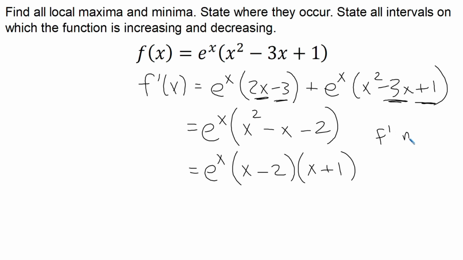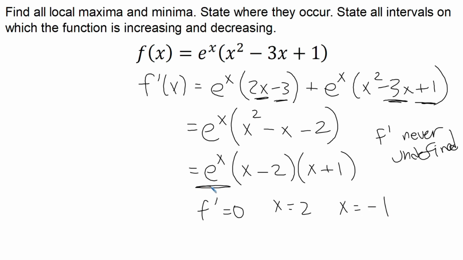Right? So f prime is never undefined, but it does equal 0 when x is 2 and x is negative 1. And I can kind of ignore this e to the x value because e to any power is never going to equal 0. So we got x equals 2 and x equals negative 1 as our critical values.